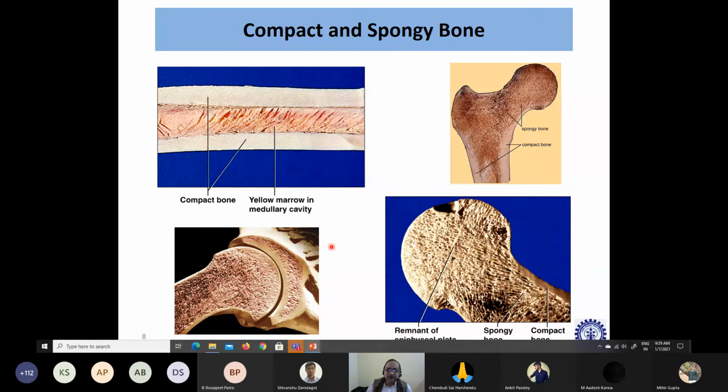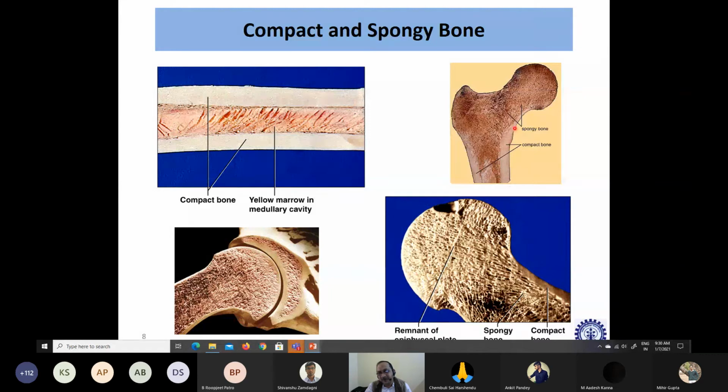Now, if I try to look inside the bone structure, grossly it gives me a picture that it has two types. If I look into a cross section of a femur, or any other bone, say the humerus, or just take a bone sample and cut it through or image it, you see basically two types.